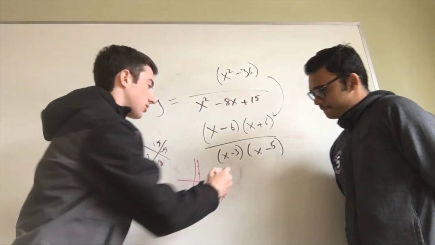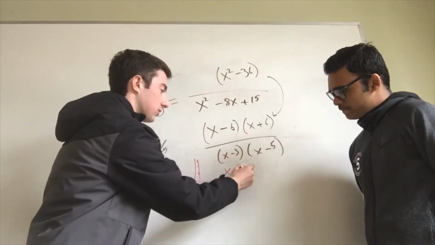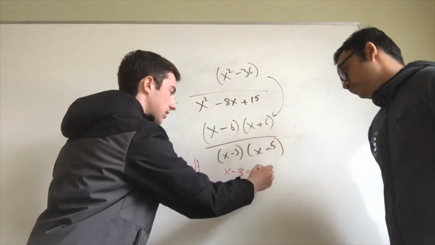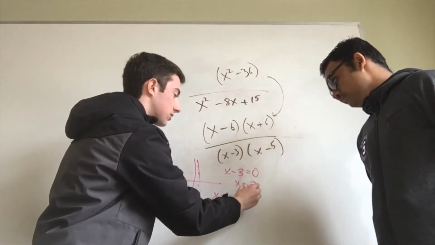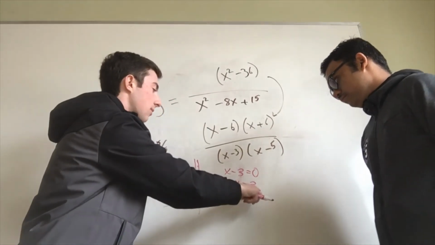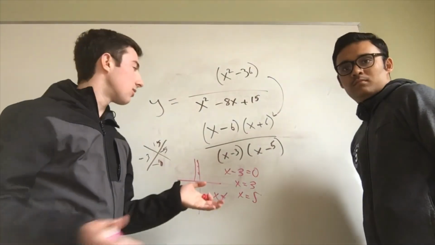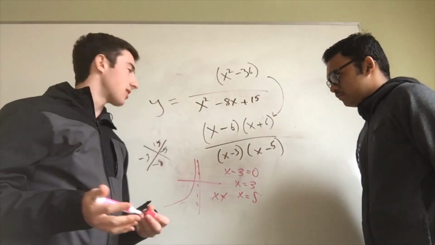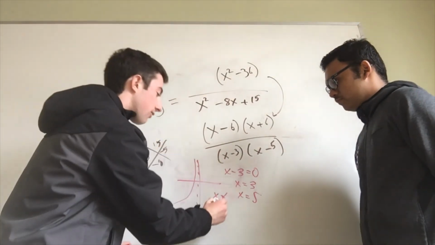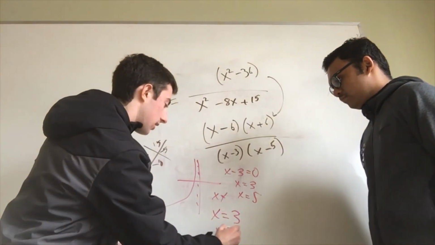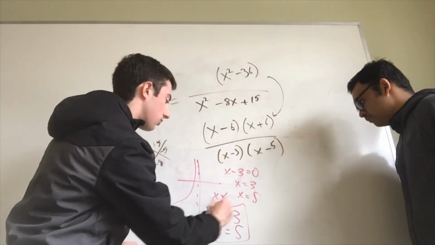Based on what we factored, if we set x minus 3 equal to 0, we find that x equals 3, and if we do the same thing with x minus 5, we find that x equals 5. If we plug in 3 for x, 3 minus 3 is 0, so the entire denominator is 0, meaning it won't work. Therefore, x equals 3 and x equals 5 are our two vertical asymptotes in this equation.